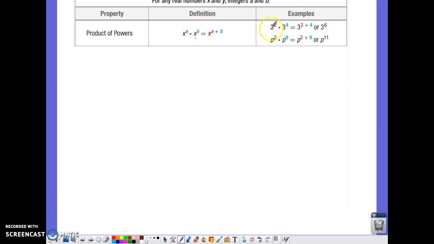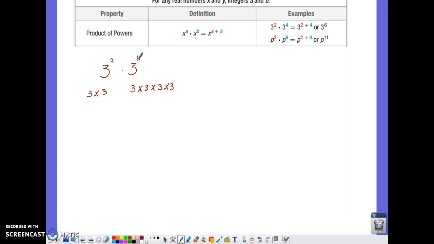For example, 3 squared times 3 to the 4th is equal to 3 to the power 2 plus 4, so it's 3 to the 6th. Now, let's explain why this is true. 3 squared is 3 times 3. 3 to the 4th is 3 times 3 times 3 times 3, 4 times.